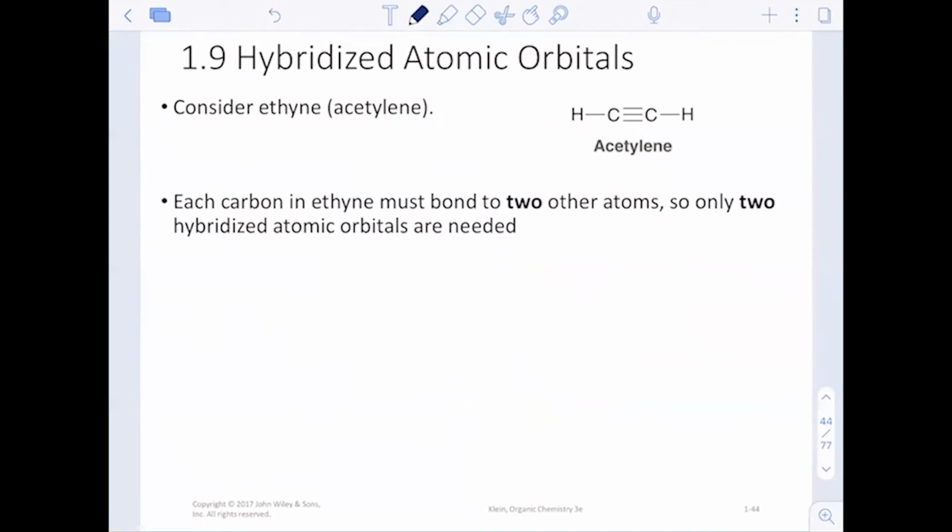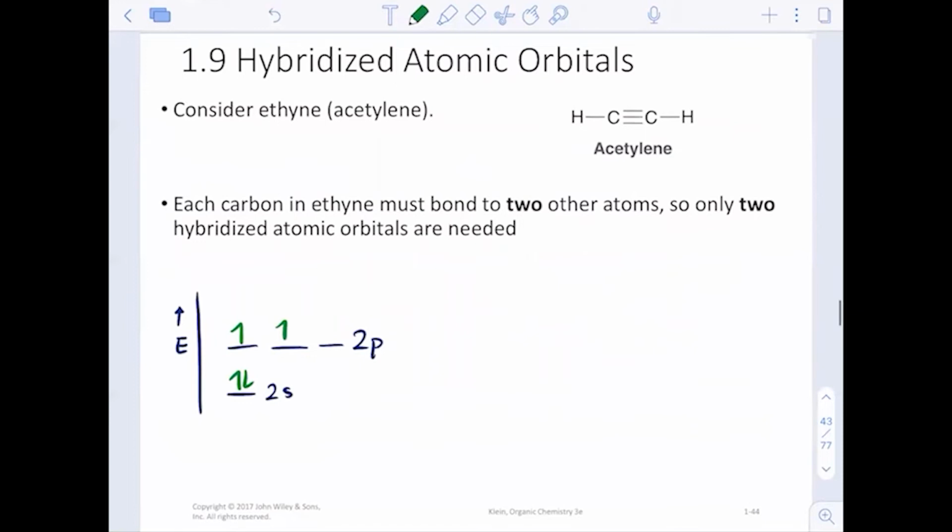So now ethyne, let's just amp it up one more time, or acetylene is what we call it. Each carbon in ethyne must bond to two other atoms, so only two hybrid orbitals are needed. If we again think about carbon's energy diagram for its valence, we see that there's only two electron groups here for that carbon on the left.